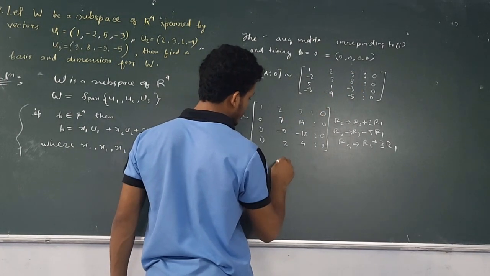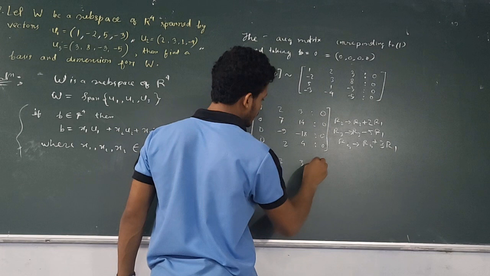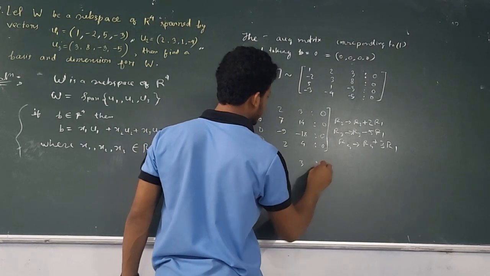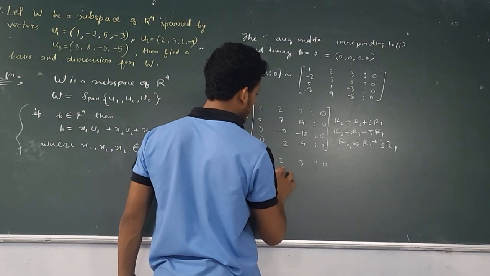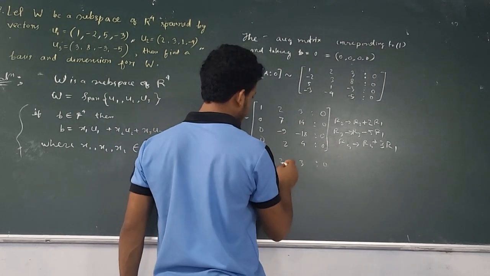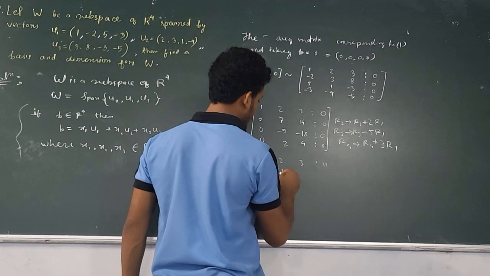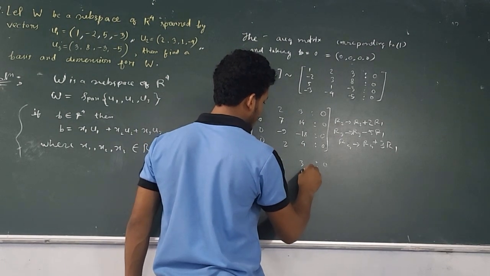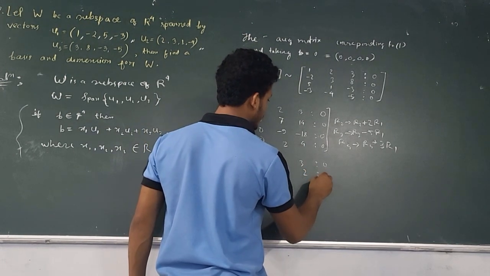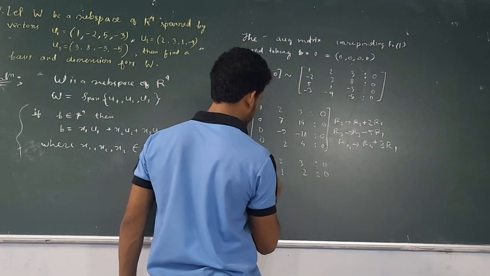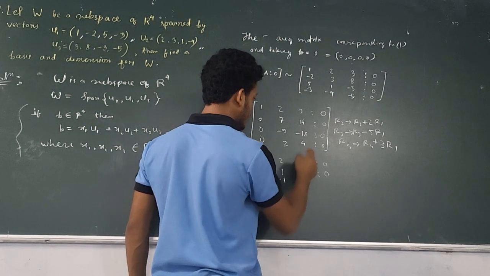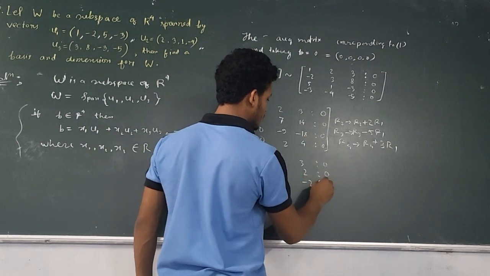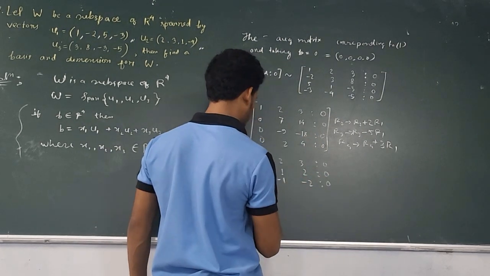So the rows are 1, 2, 3, 0, then 0, 7, 14, 0. Divided by 7, it will be 0, 1, 2, 0. Divided by 9, it will be 0, -1, -2, 0.